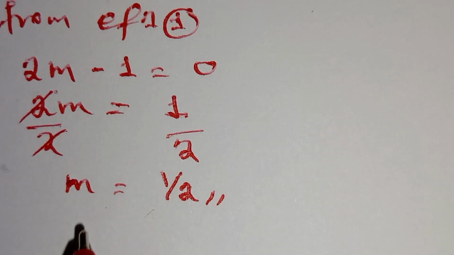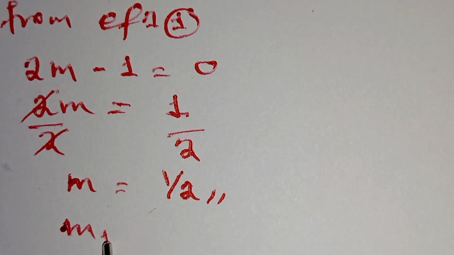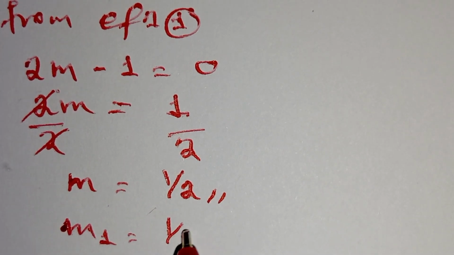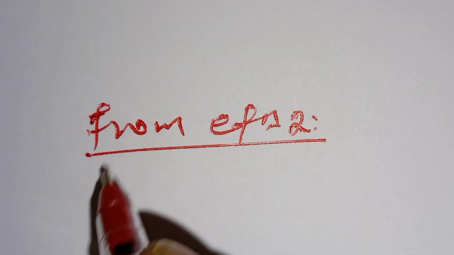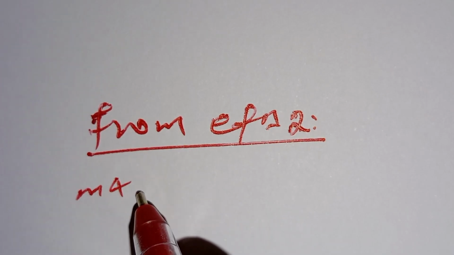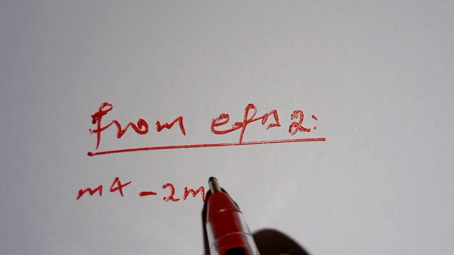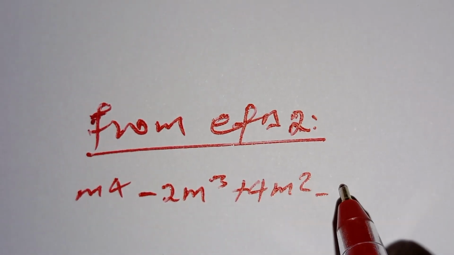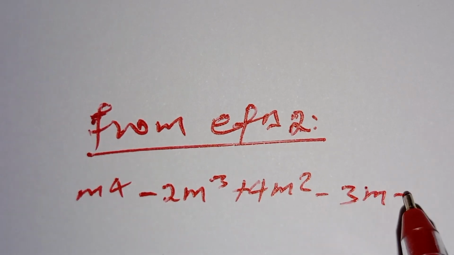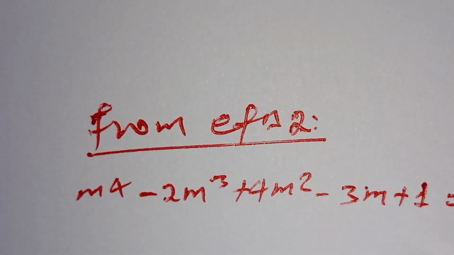Therefore, the first solution m1 is equal to 1 over 2. From equation 2, m4 minus 2m3 plus 4m square minus 3m plus 1 is equal to 0.